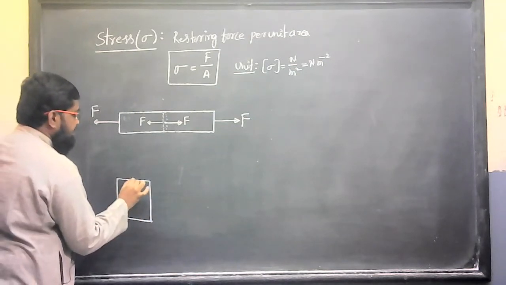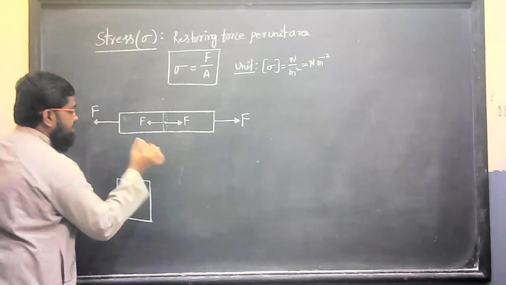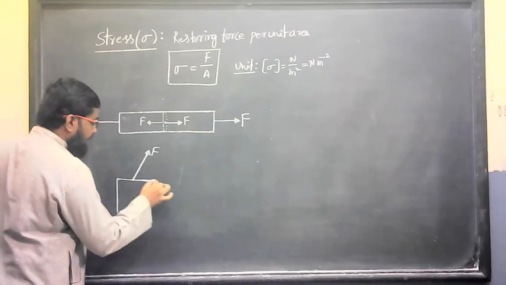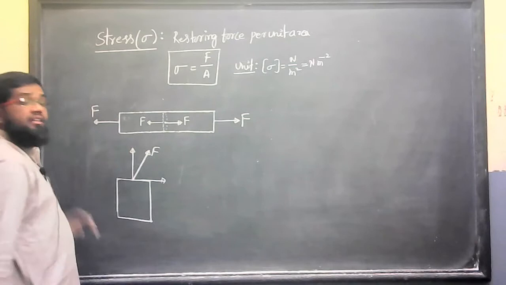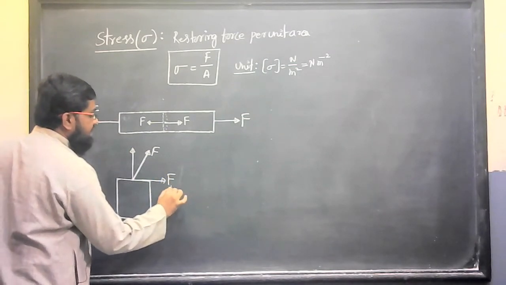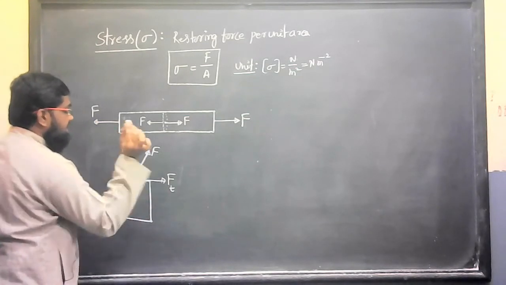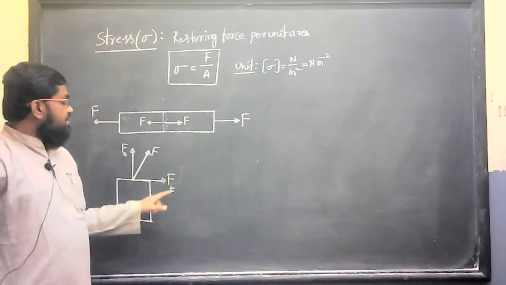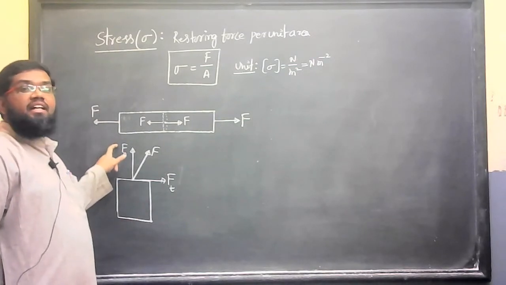This is the surface, but a force is acting in this direction. The deforming force acts in this direction. I can break it up into two components: one parallel to the plane, another normal to the plane. The one parallel to the plane we generally call the tangential component, and this one is the normal component. If the tangential type is there, we call it tangential stress. If the normal one is there, normal stress.